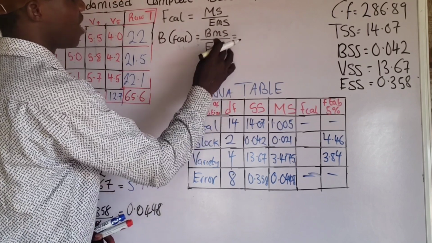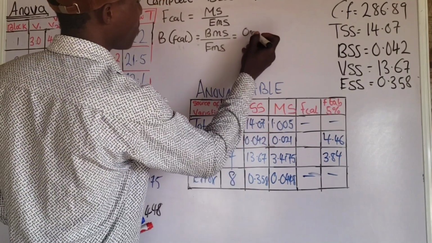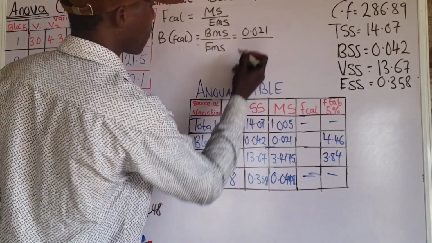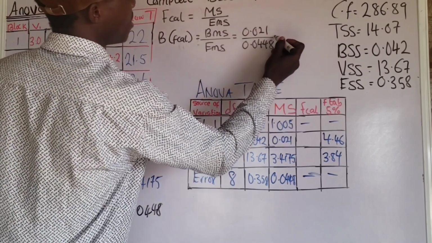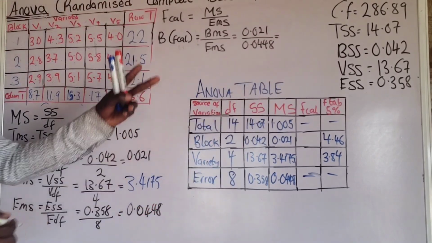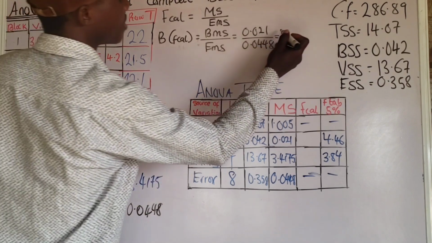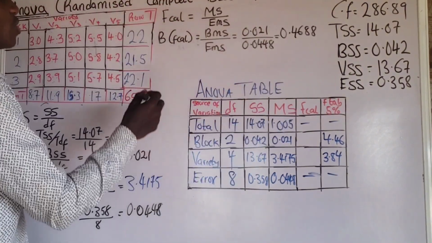Block mean squared is 0.021, all over error mean squared, which is 0.0448. If you punch that in your calculator, you're going to have 0.4688.